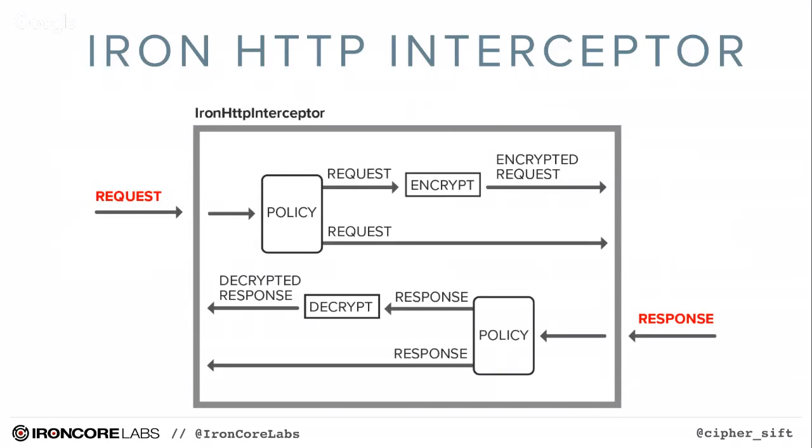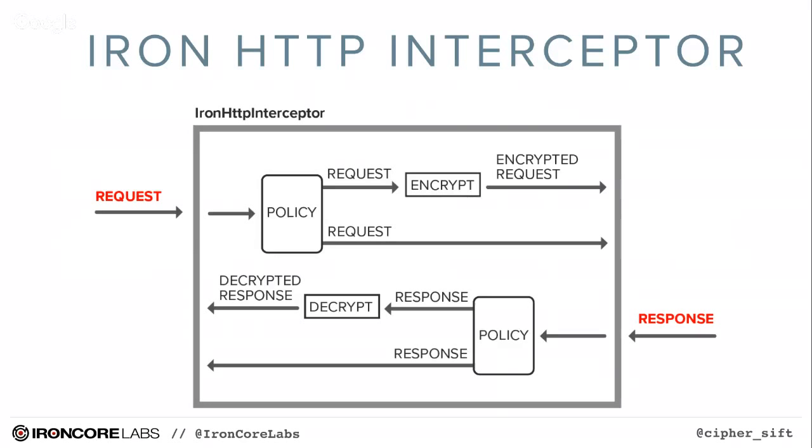So we're going to use an Iron HTTP interceptor, which is essentially going to intercept a request determined based on policy that we implement into our application. And we're going to use decorators here. I'll come back to that. Based on our policy, we're going to decide whether to encrypt that request on the way out or just pass it through untouched, right?